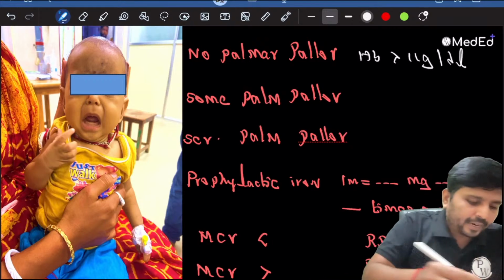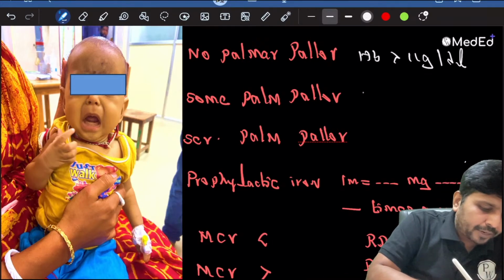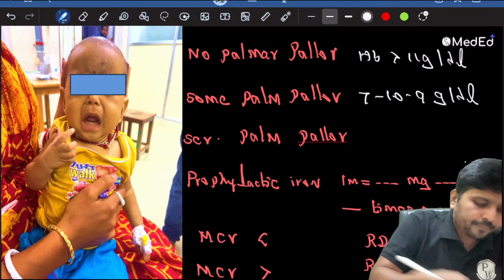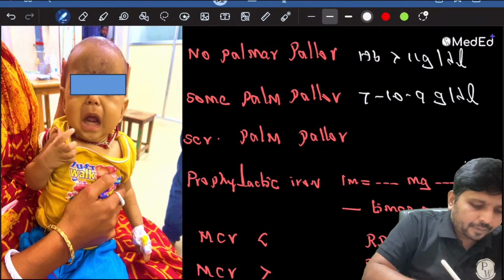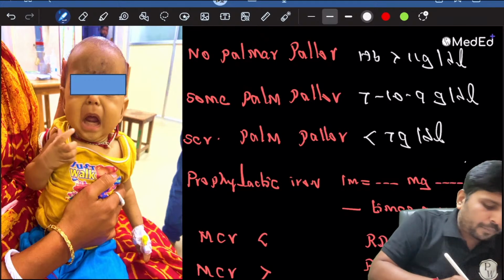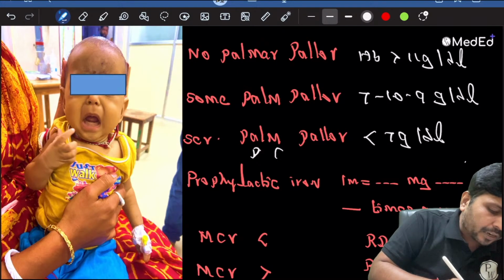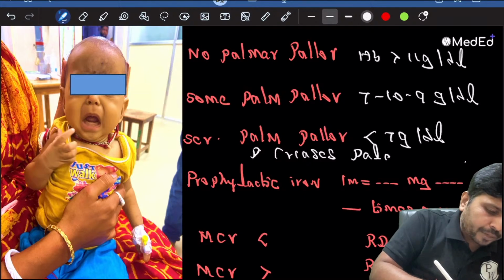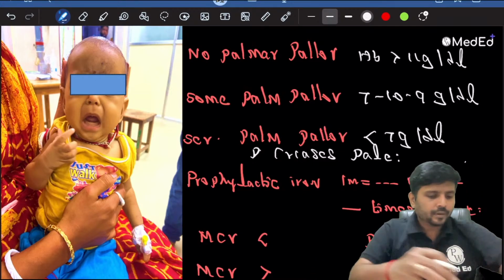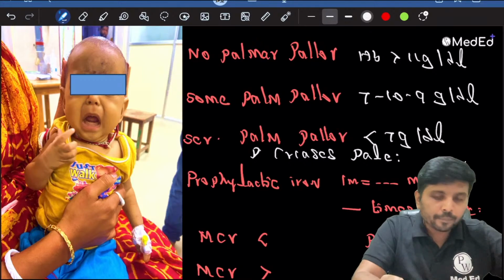Some palmar pallor means hemoglobin between 7 to 10.9 grams per deciliter. Severe palmar pallor means less than 7 grams per deciliter. In severe palmar pallor, the creases will also be pale.